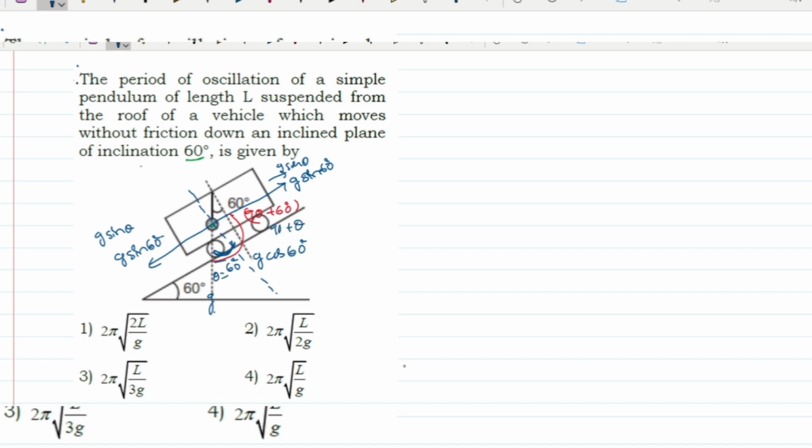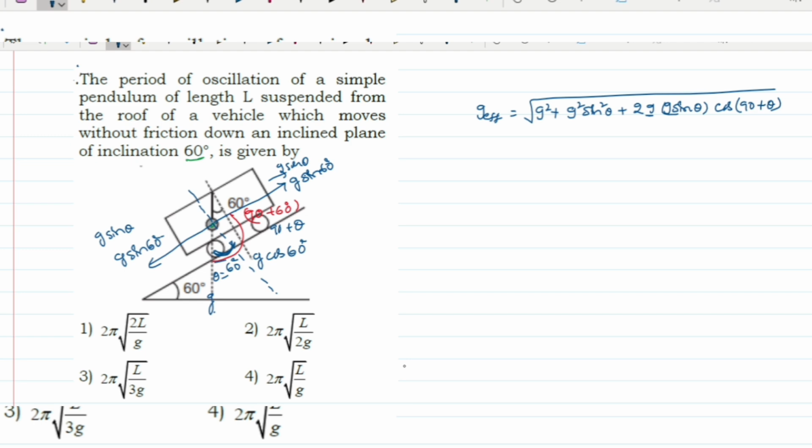When calculating the g effective value, you can take g square plus g square sin square theta plus 2 into the first vector g and the second vector g sin theta into cos of 90 plus theta.